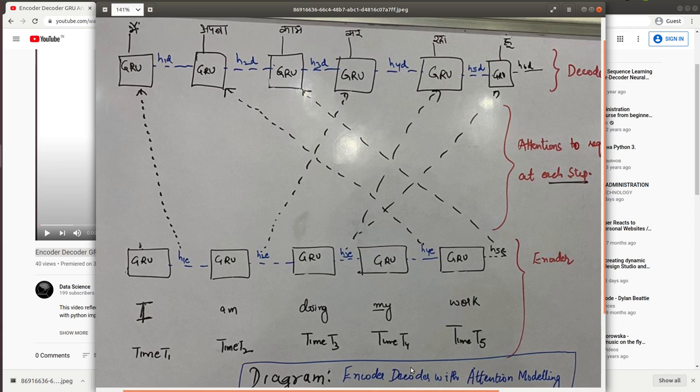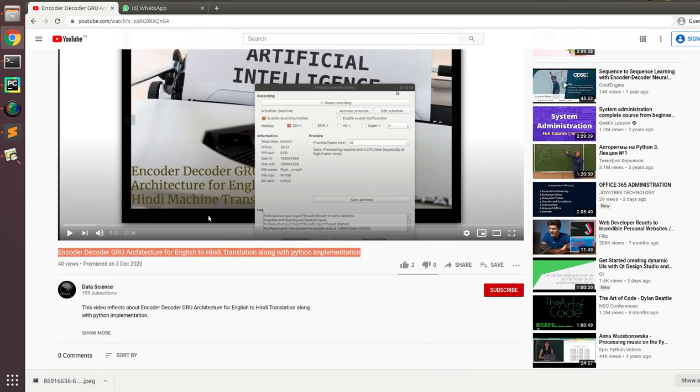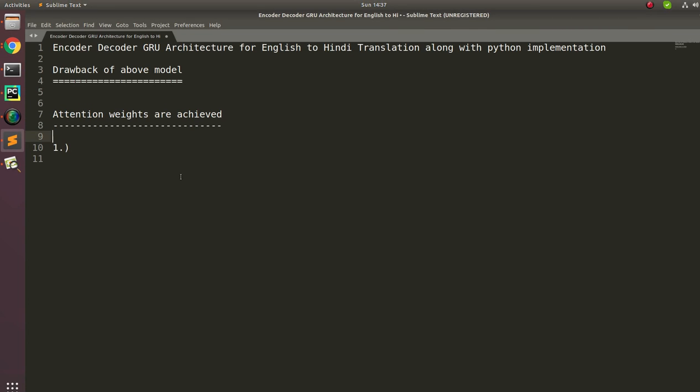So the drawback was that before the implementation of attention based modeling, we had to give the whole hidden state of the encoder output to the decoder input, which is not actually needed. To optimize it more, we have to provide only that particular input to the decoder which is really important to predict that output, and that is why we are doing attention based modeling.